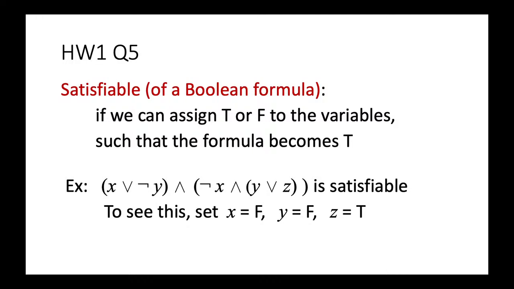On the other hand, if for all possible assignments of true or false values to the variables, we cannot make the formula true, then the formula is called not satisfiable, or unsatisfiable. Now, this question in homework 1 talks about this concept.